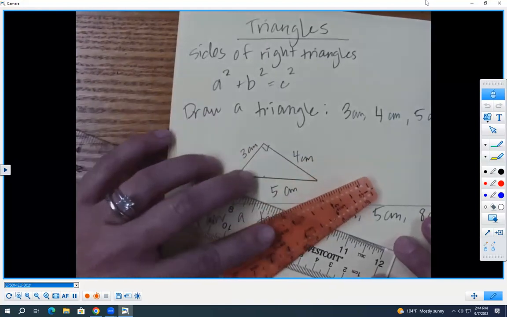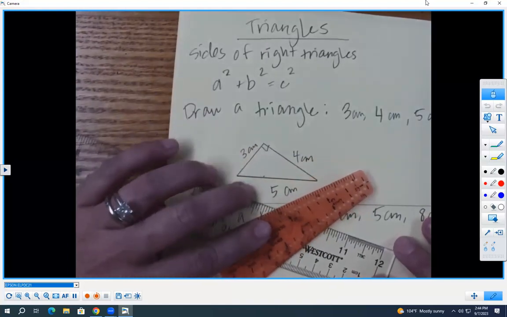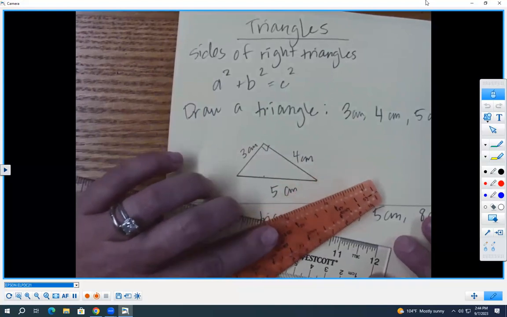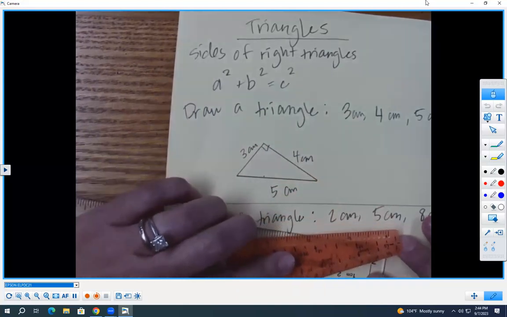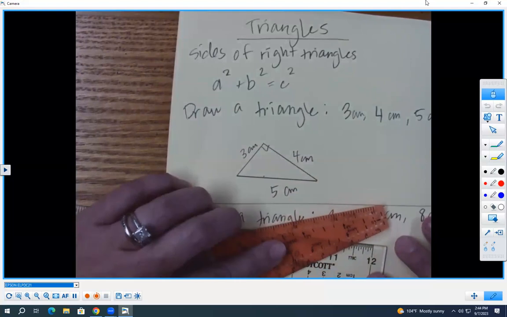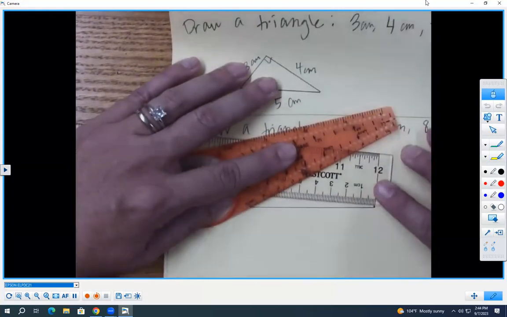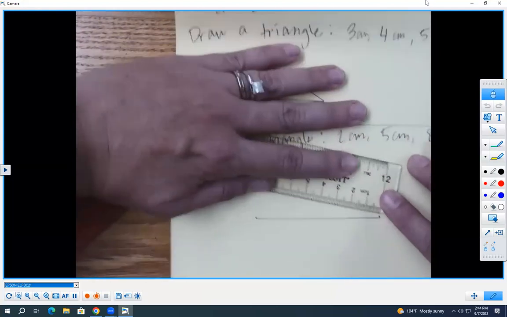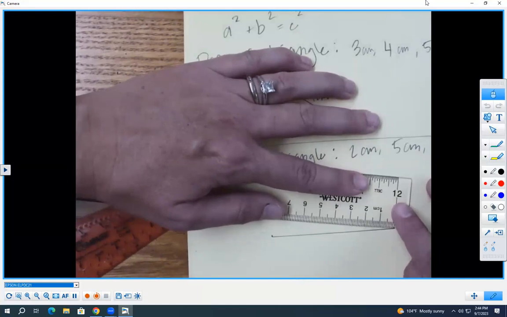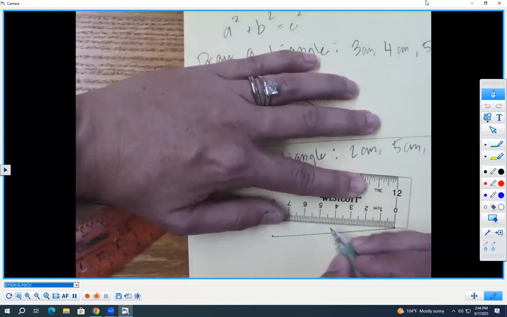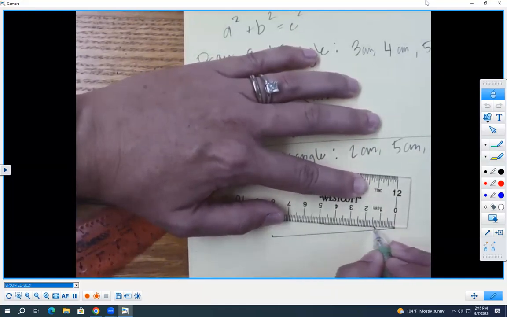There's 5, here's 2. Even if I made it as small of an acute angle as possible, is it going to meet? Here's my 5.